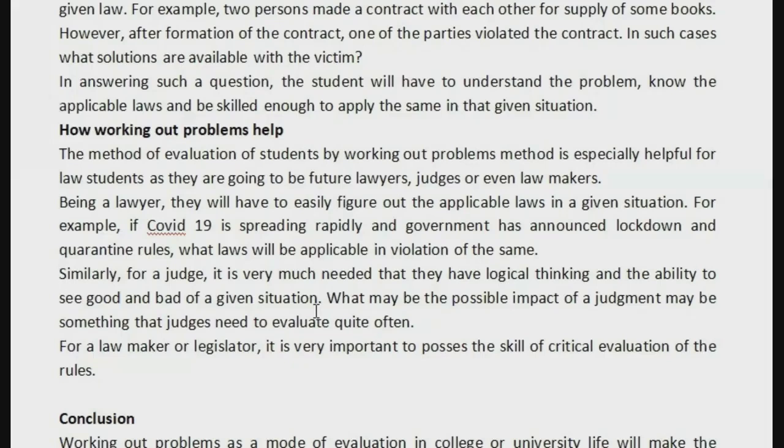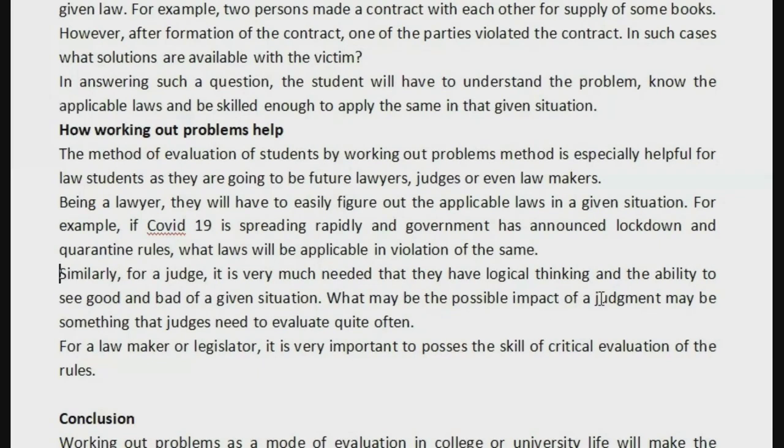So judges should be very careful while giving a decision, and they should always look at the positives and negatives of a decision, right? And to be able to see or understand that, they need some skills which may be developed by this method, working out problems. All right, they can see both sides of a decision and accordingly will give it.